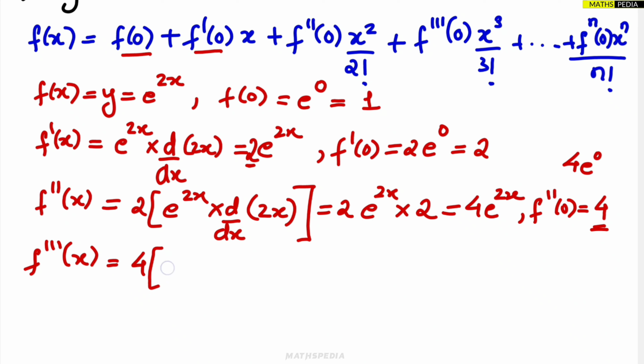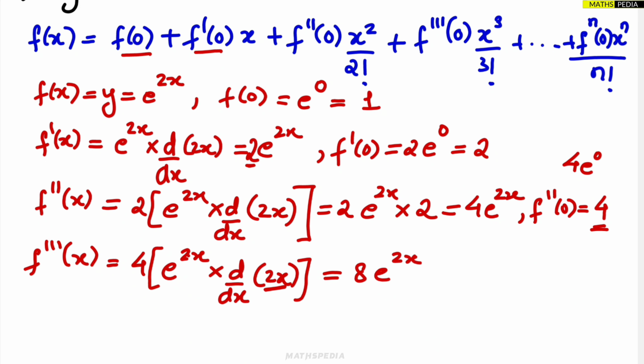Now the differentiation of e power 2x is e power 2x into the differentiation of 2x again. So what answer will you get? 4 is already sitting, e power 2x, and the differentiation of 2x is 2. So 2 into 4 is 8. So 8 e power 2x. I am writing directly. I hope you understood. It is nothing but just multiplying 2 with 4. That's it you have to do.